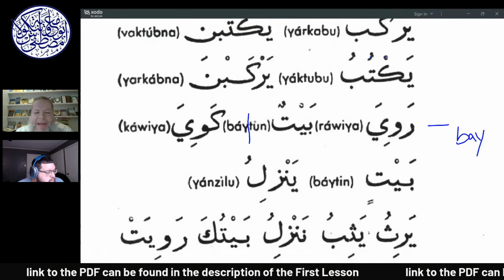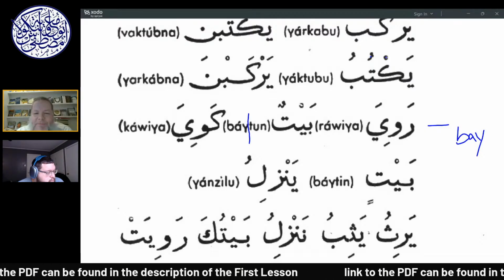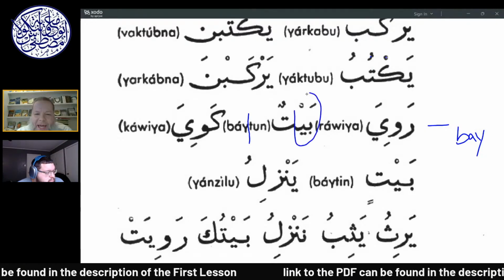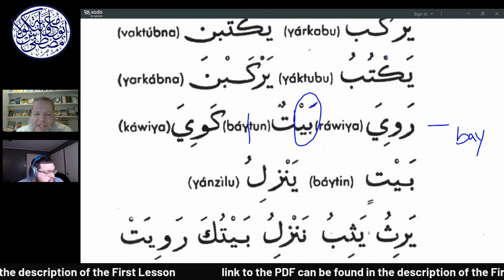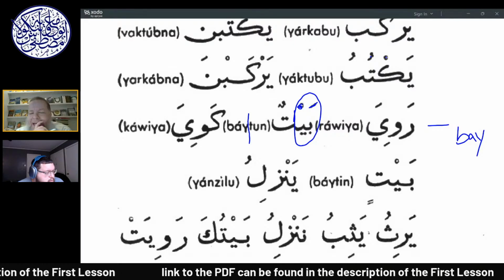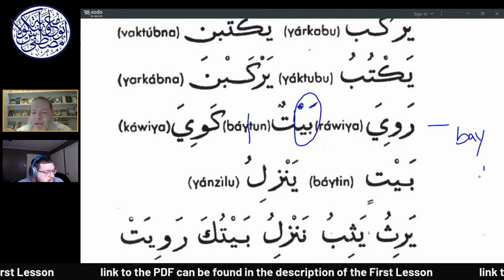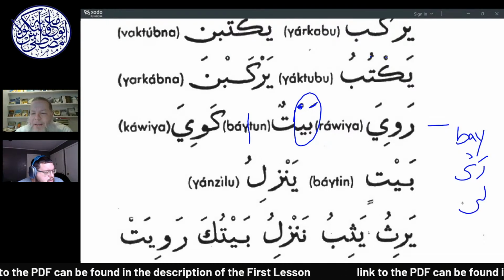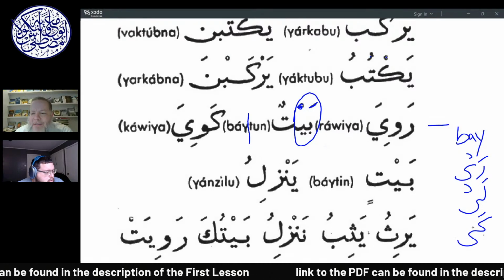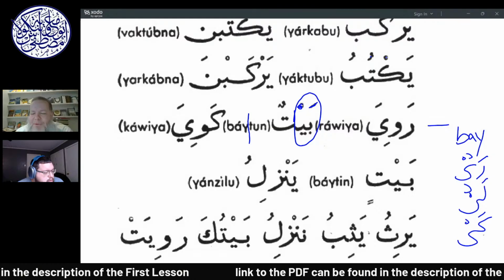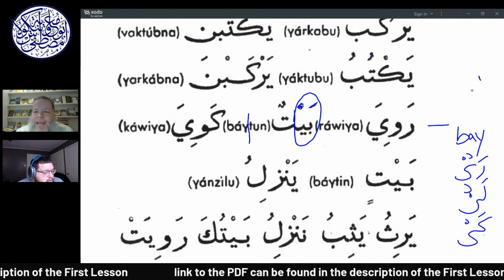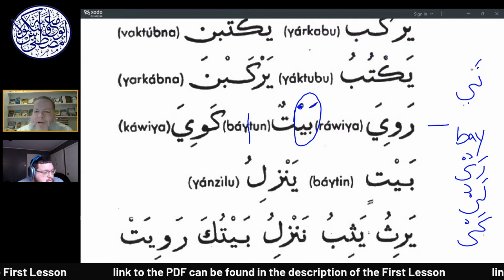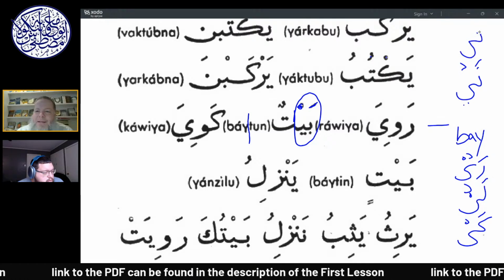So when this ya comes with a fata in front of it and it has a sukoon on it, it's going to make the a sound, whether it be ray or lay or kay, or nay, or tay.